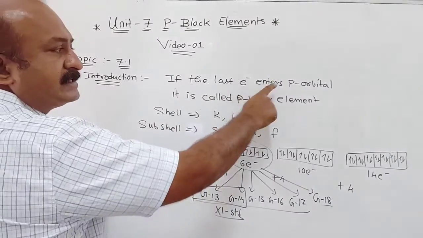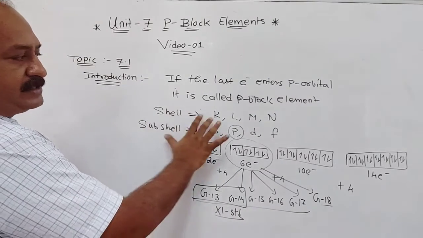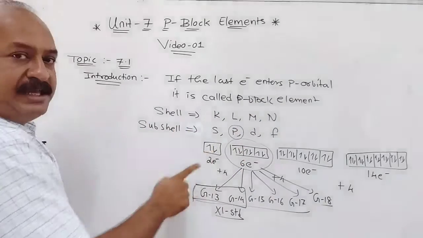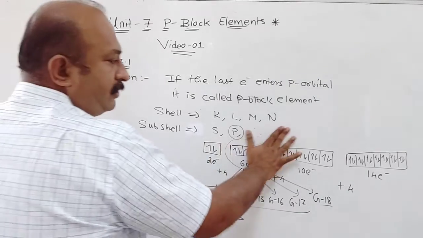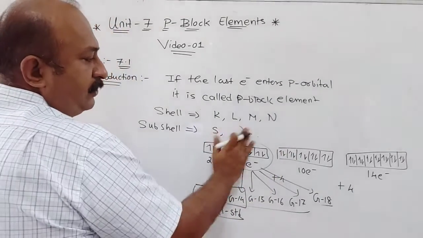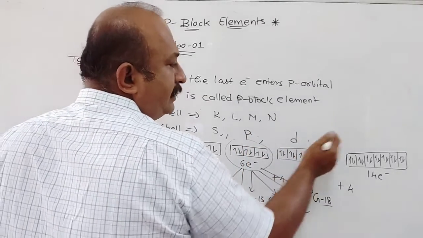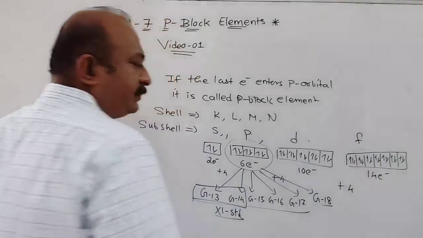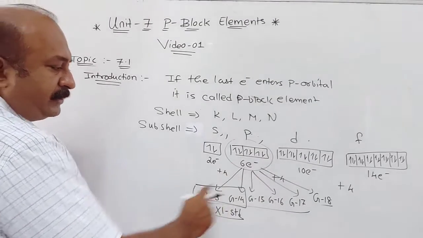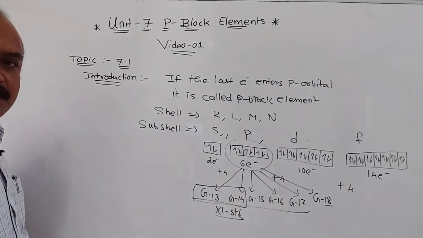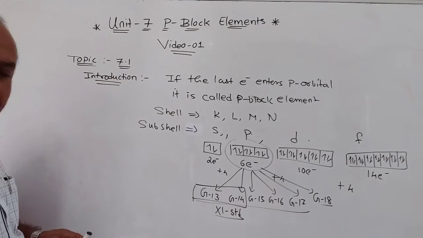If the last electron enters the P orbital, it is called a P block element. Shells are K, L, M, N and subshells are S, P, D and F. In S orbital, maximum 2 electrons; P orbital 6, D orbital 10 and F orbital 14 electrons can be accommodated. As the capacity of the P orbital is 6 electrons, we will study 6 groups. Understood? So this is all we have studied till now.